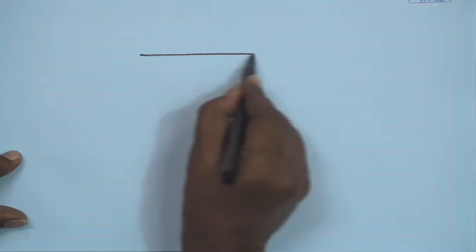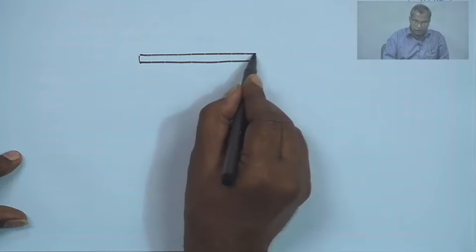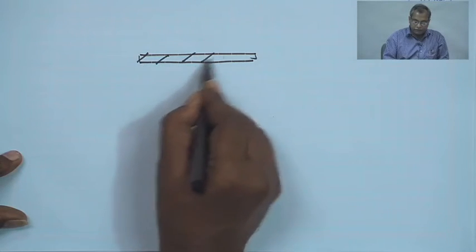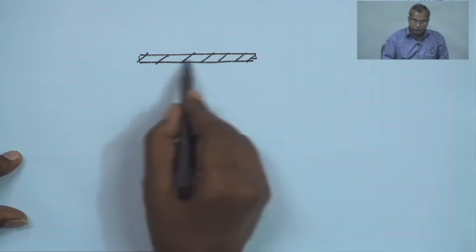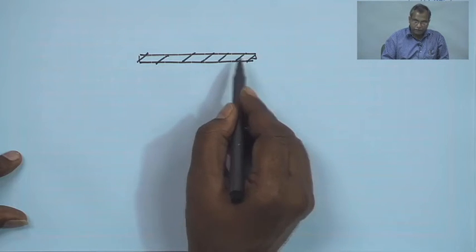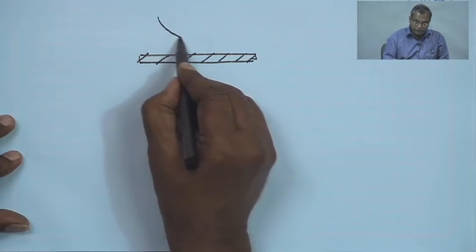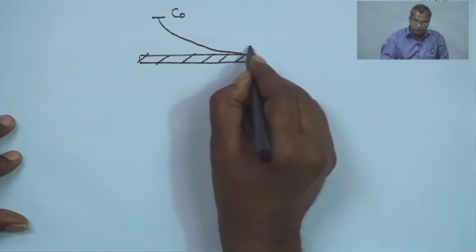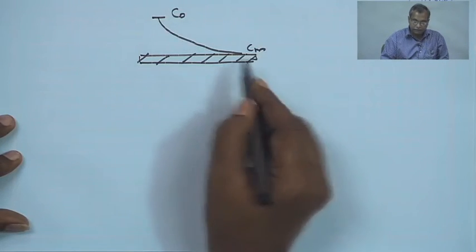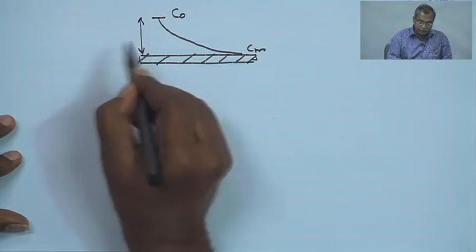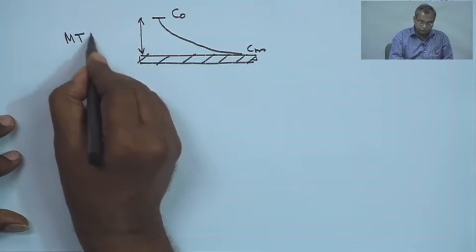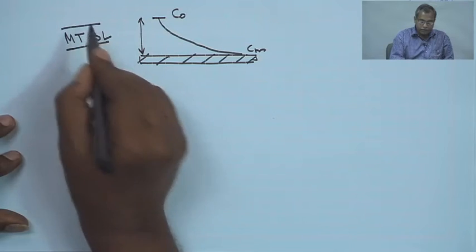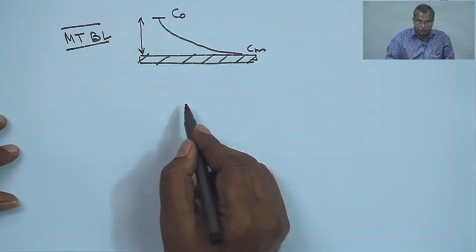If you remember, in a previous class we have already discussed that in a flow channel, the flow is taking place over the membrane, and there will be a concentration gradient starting from bulk concentration up to membrane surface concentration, forming a mass transfer boundary layer. So, in short we write MTBL to denote the mass transfer boundary layer.